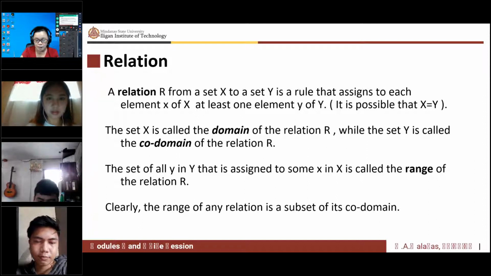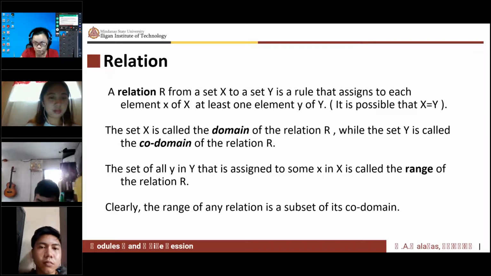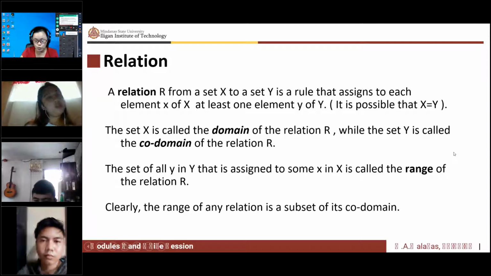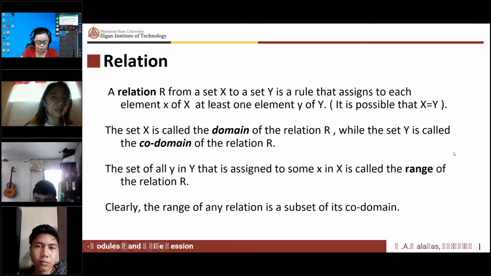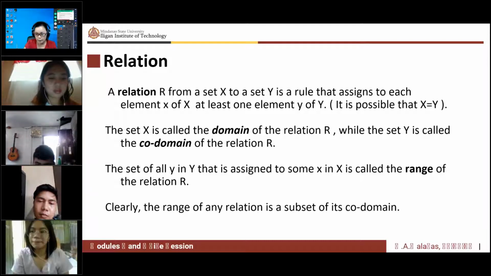So it doesn't say anything about the elements of the set Y. So there are possibly elements of the set Y that are not being paired with the elements in X. So only those elements in Y which are being paired with the elements in X constitute the range of the relation. Clearly, the range of any relation is a subset of its codomain.